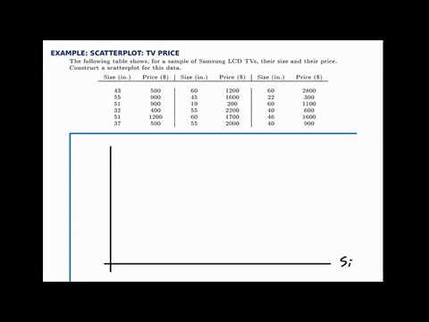So let's say our x-axis represents size and our y-axis represents price. Again, we'll try to be consistent with these where the first column is x, the second column is y, but it turns out that if you switch the order, it doesn't change too much, at least at this point. So now we need to put a scale on each axis. The sizes go up to about 60 inches. So let's make sure we include at least up to 60.